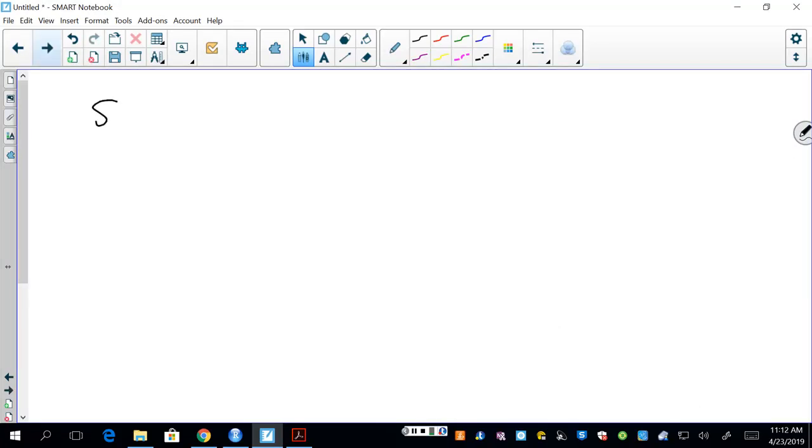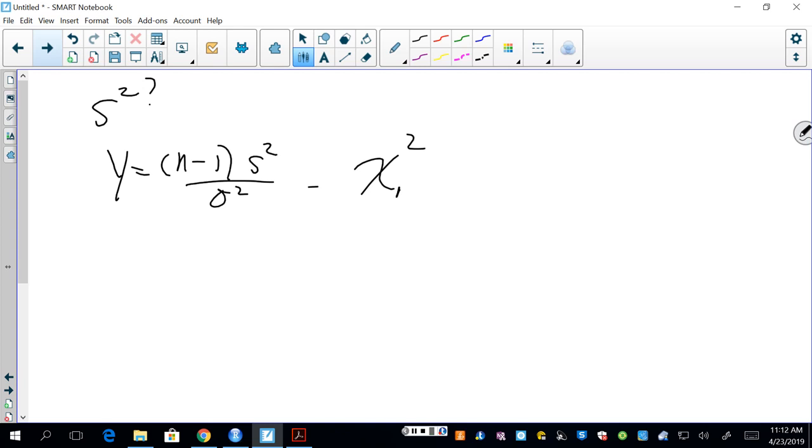So what's the distribution of S squared? If this version of S squared is chi-squared with n minus 1 degrees of freedom, then S squared is sigma squared over n minus 1 times y. Multiply both sides to get rid of that.